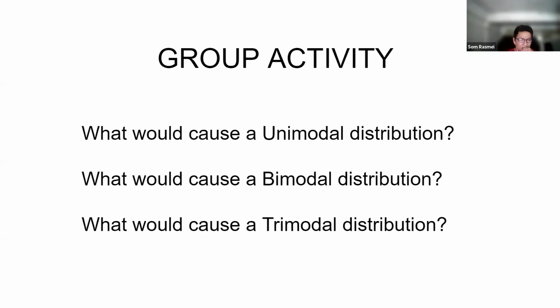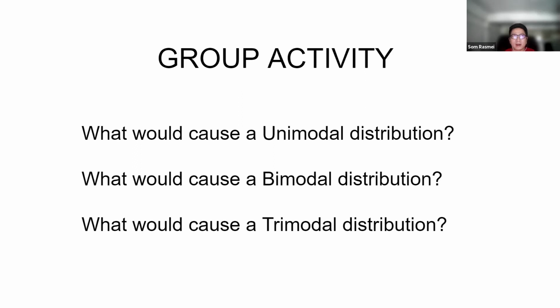Okay. Yes, I want to add something about it. For me, I think what would cause a unimodal distribution is related to the nature of the business. For example, if we sell student shirts and student books, it is mostly unimodal, because during one year we have only one peak season.